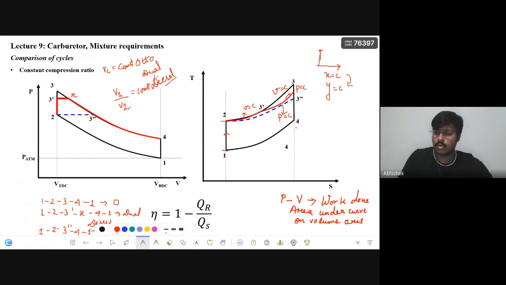But when it comes to a TS diagram, how do we calculate the heat? The area under the curve on the entropy axis. If you see, this particular case that I have drawn is the constant compression ratio plus the heat rejection is also constant.